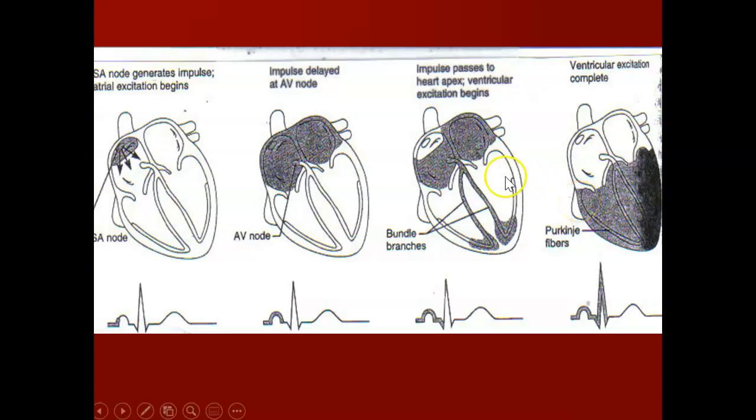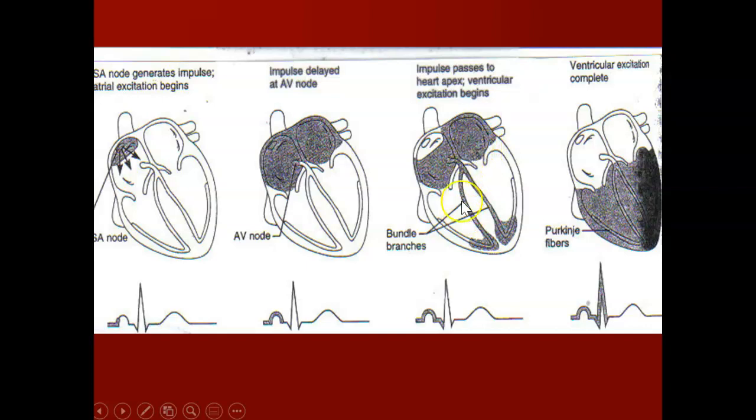Here's a diagram, again, showing some of these different things that are happening. The SA node is generating an impulse, and that's where this is coming in here. The atria contract, and there's a delay that occurs before it hits the AV node. That's this part of the wave.